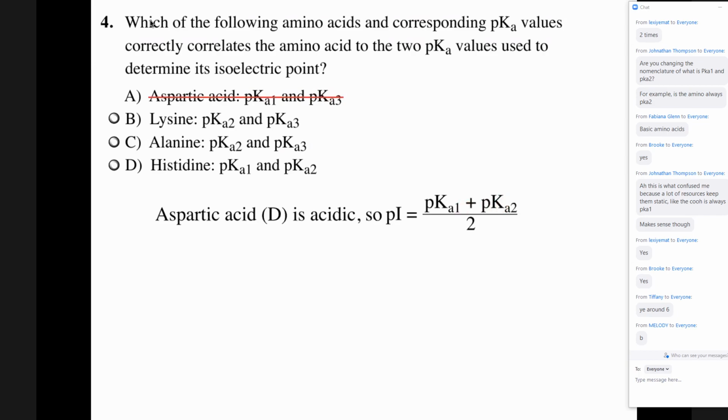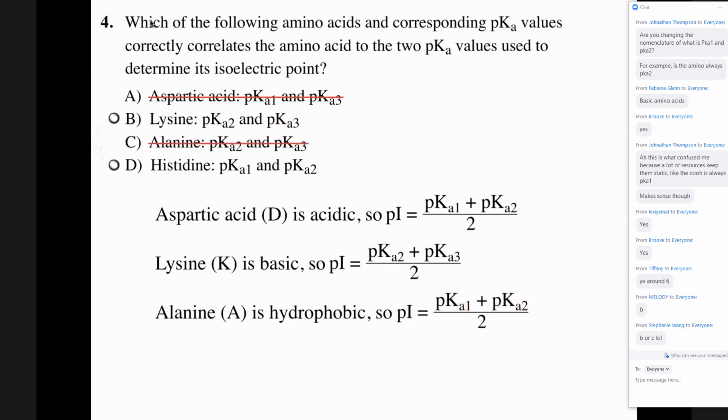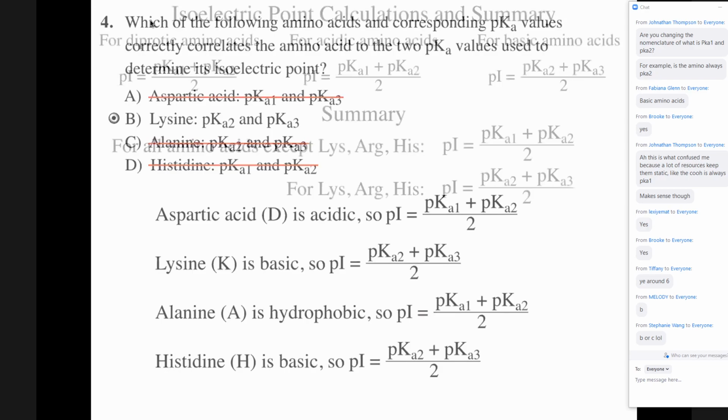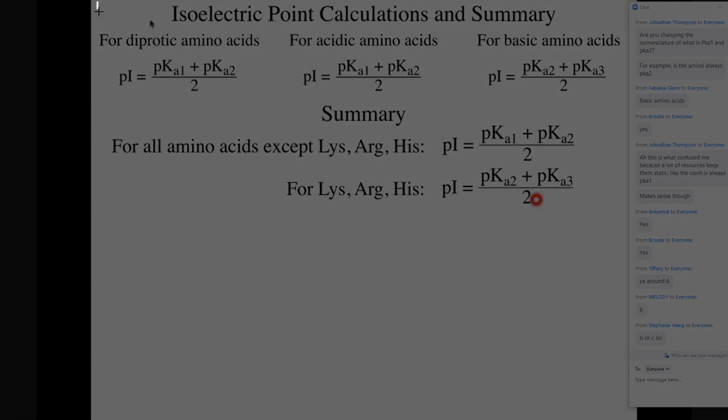So 1 and 2 for aspartic acid, that's out. Lysine is part of the lysine or histidine collection, looking good. Alanine is one of the 1 and 2. Histidine, 1, 2, and 3. So the best answer, B, is beautiful. I totally got it.